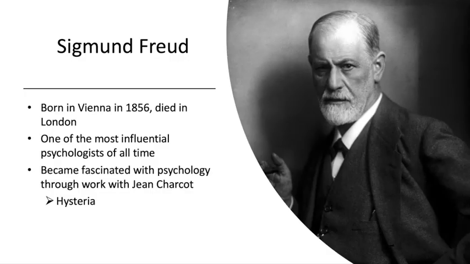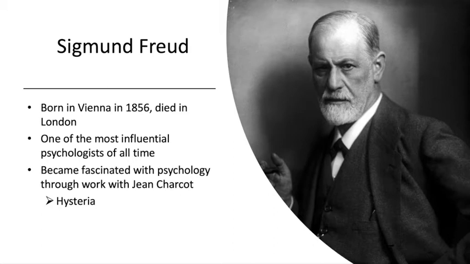So we're leaving the biological approach to understanding personality behind for now, and now we focus on the 5 conceptualizations of personality arising from the 5 schools of thought in psychology, which were introduced in the beginning of this course.